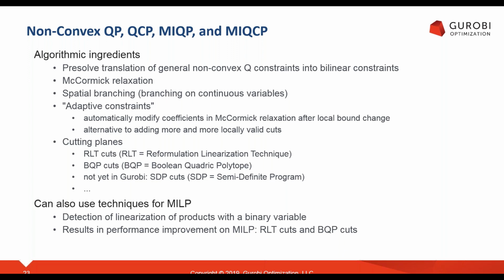There's a third type of cuts that are very interesting for this, which come from semi-definite programming. These are the SDP cuts. They are not yet in Gurobi, but we are working on them, so hopefully they will get into the next version of Gurobi. But of course, there are many other cutting planes. So this is a nice way of improving performance to work here on cutting planes.